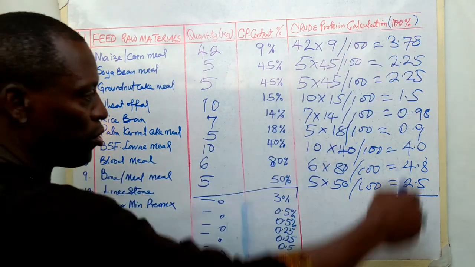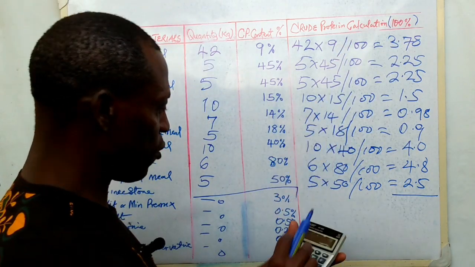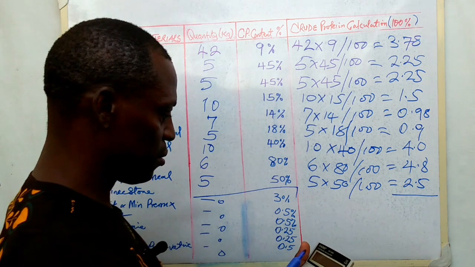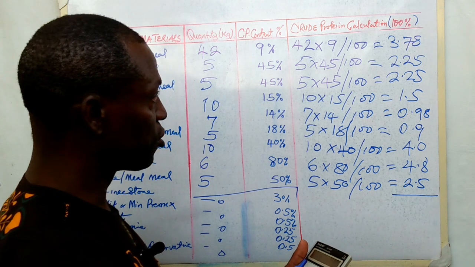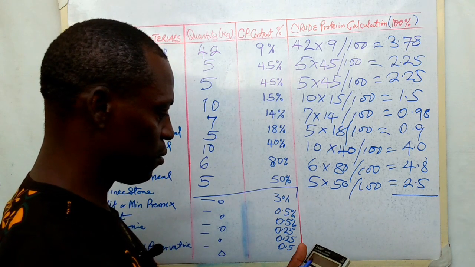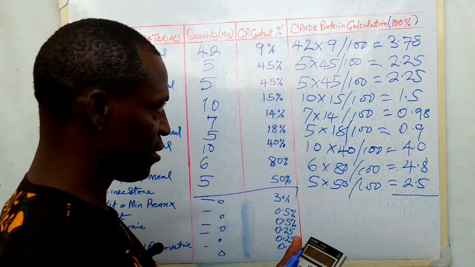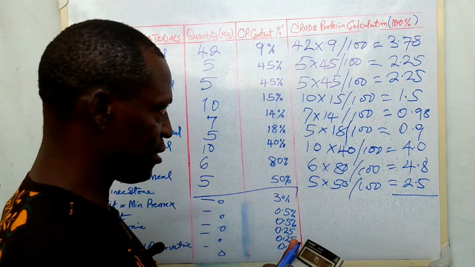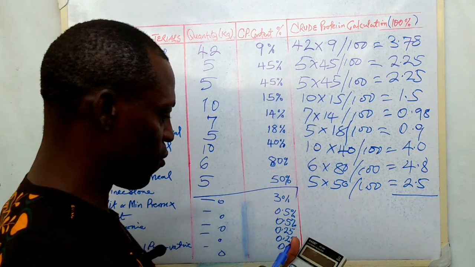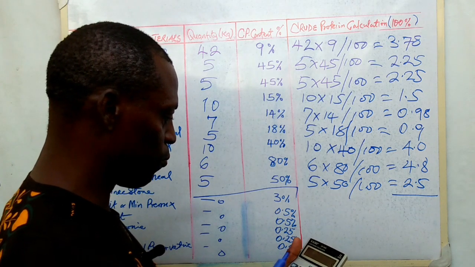Now let's add up all this to get our crude protein for this feed. This will give us 3.75 plus 2.25 plus 2.25 plus 1.5 plus 0.98 plus 0.9 plus 4 plus 4.8 plus 2.5.